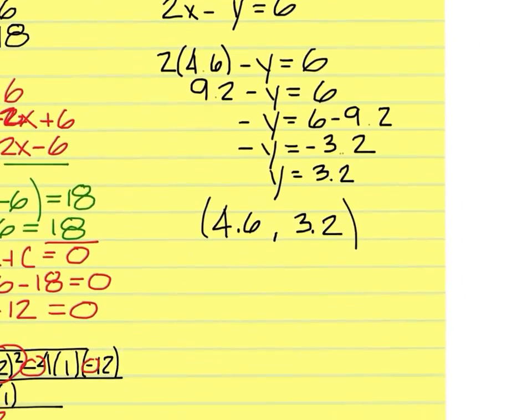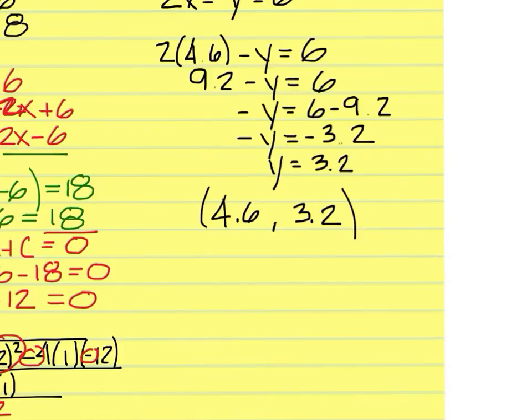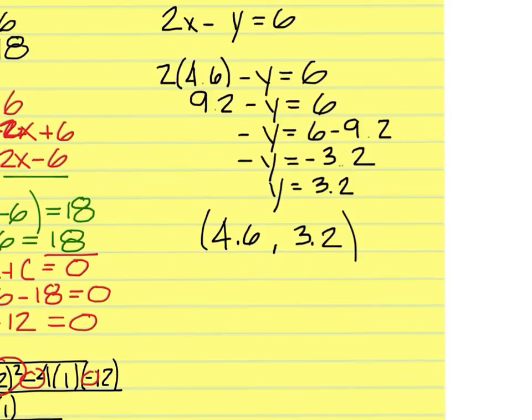Now you have to do the same thing for the other one. And that was a negative 2.6. So the equation is 2x minus y equals 6. And we're plugging in a negative 2.6.